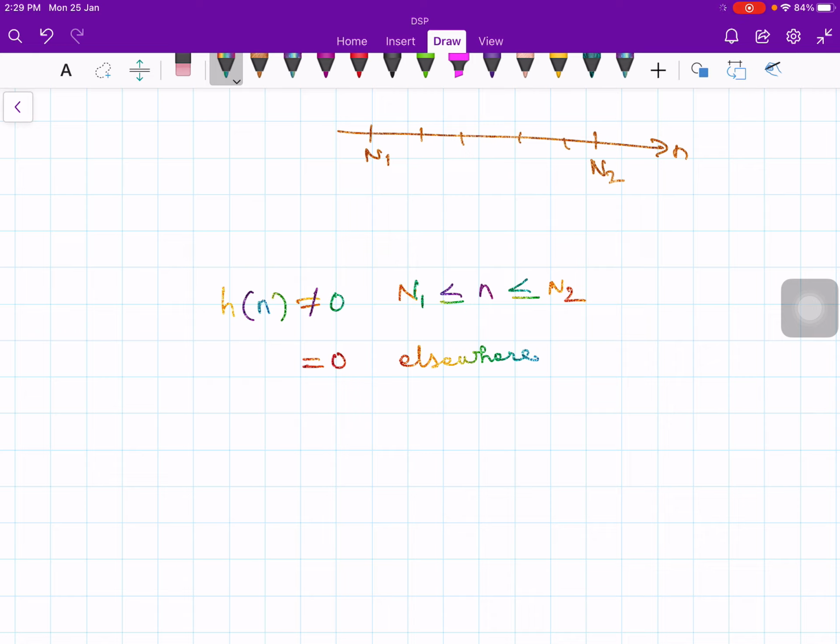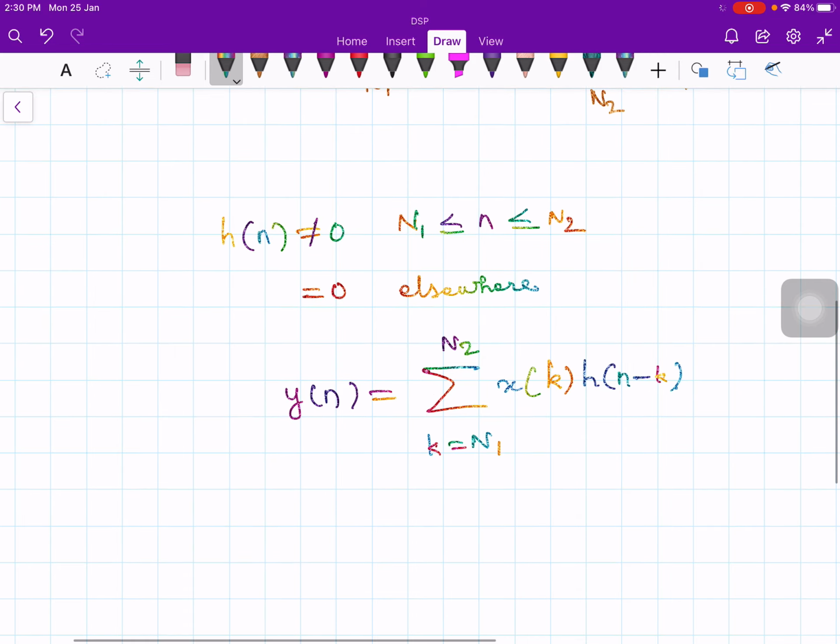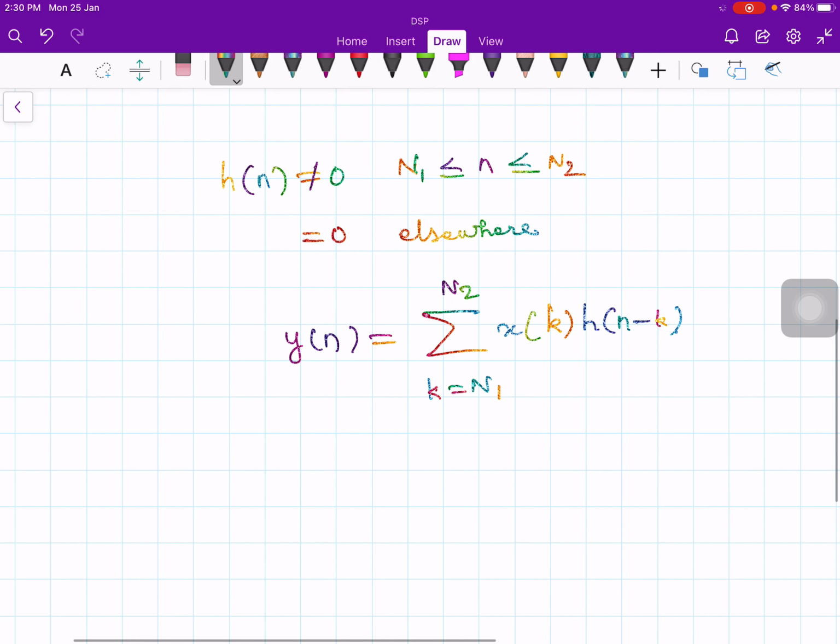So in a FIR system, the output, if you write the convolution, it will be given by, see, we are talking about an LTI system. So y of n is equal to summation of x of k h of n minus k, where k is equal to N1 to N2. This is for finite impulse response system.